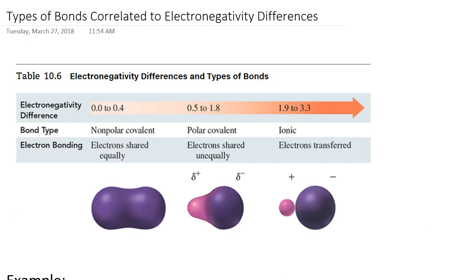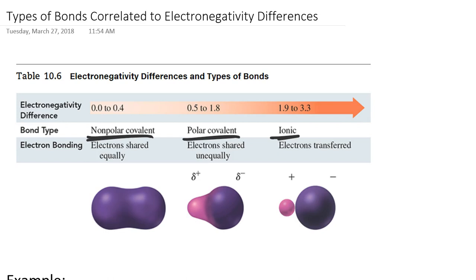Now, typically when we consider these electronegativity values and their differences, we can actually break down bonds into three main types. There are nonpolar covalent bonds, which is where the electrons are shared essentially equally. We have polar covalent bonds where the electrons are shared unequally. And then we have ionic bonds in which an electron is fully transferred from one atom to the other.